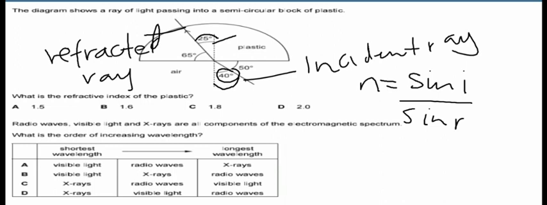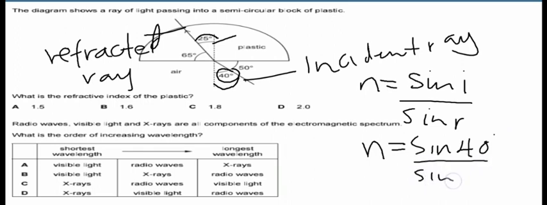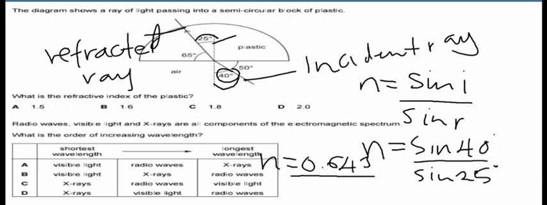So we can calculate the refractive index. We have sine of the angle of incidence, which is 40 degrees, divided by sine of the angle of refraction, which is 25 degrees. When I punch sine 40 on the calculator, it gives me 0.643 when I round off. So the refractive index is equal to 0.643 divided by sine 25.